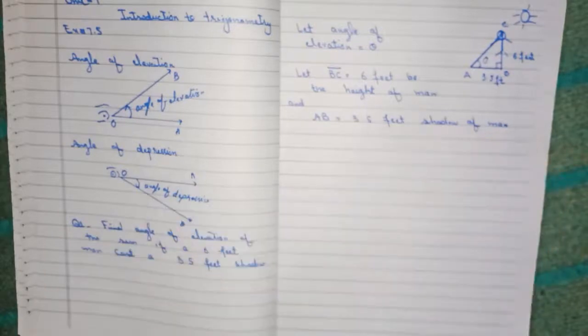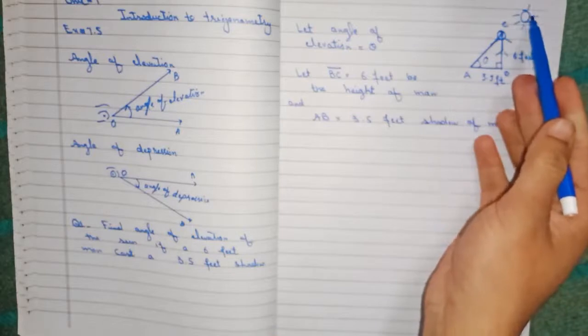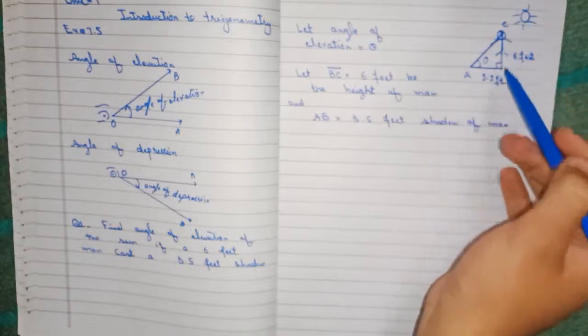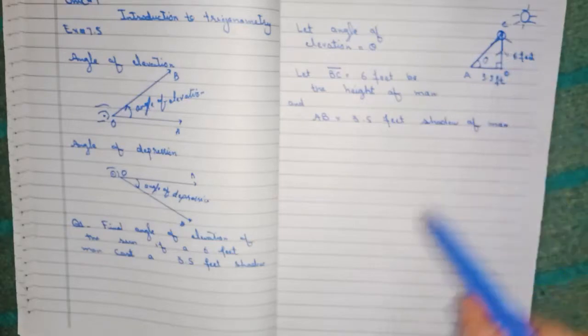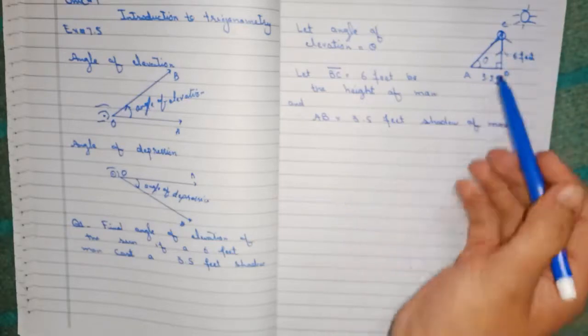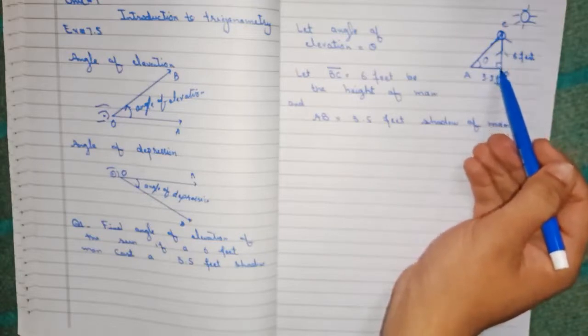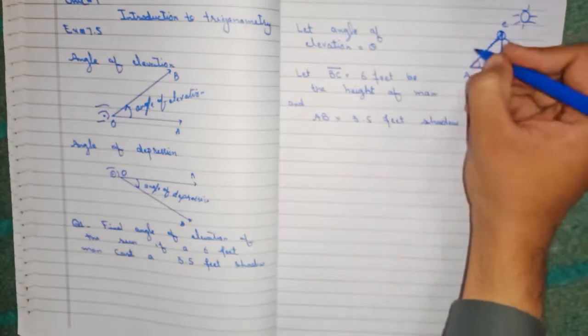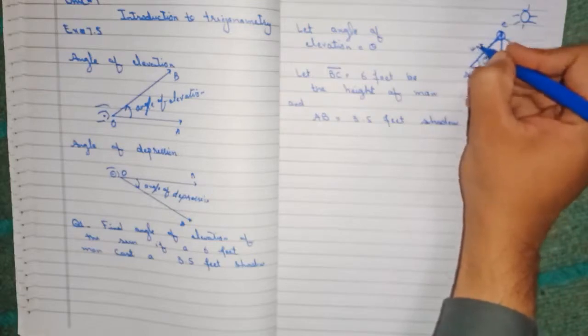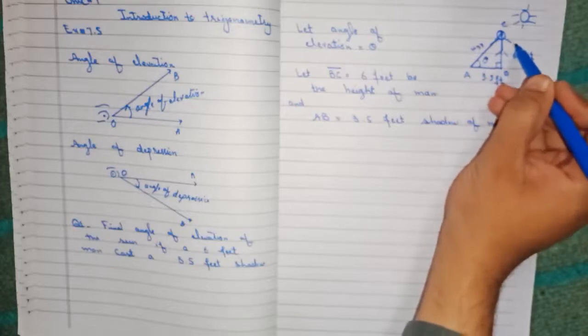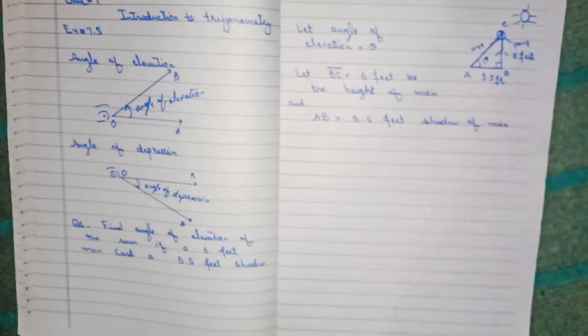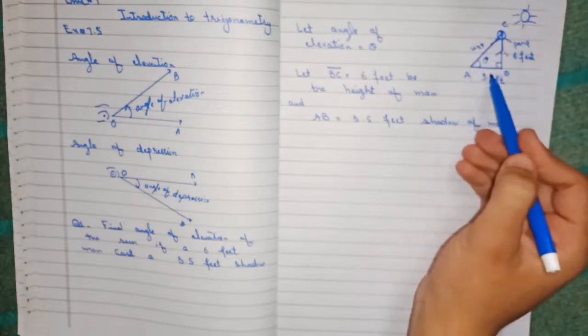So by studying the statement we conclude that the sun and a man casting a shadow of 3.5 feet, the height of the man is 6 feet. In front of the right angle, we know that it is the hypotenuse. With respect to this angle theta, it is perpendicular. It means the height of the man is perpendicular, and this AB is the base.